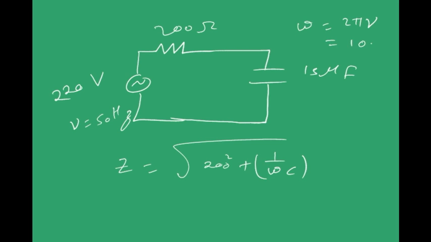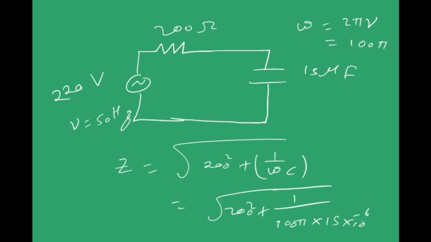So my omega is 100 pi. So 200 square plus 1 by omega, that is 100 pi, and capacitance is given as 15 into 10 power minus 6, and this square, and calculate it. It's just a game of numbers.